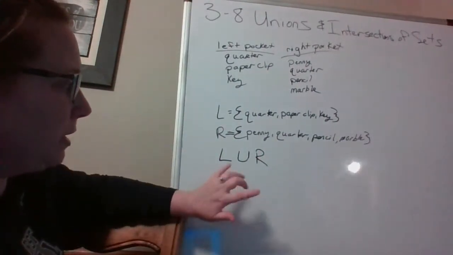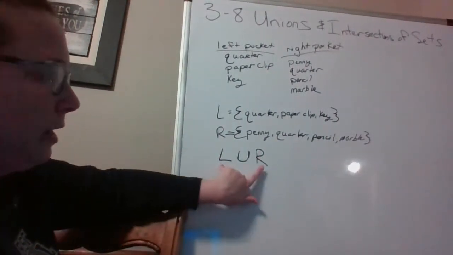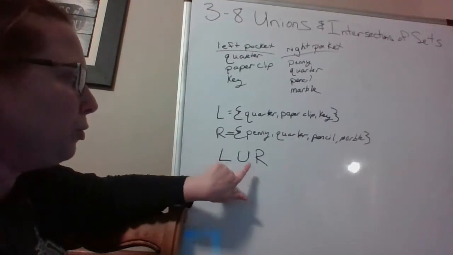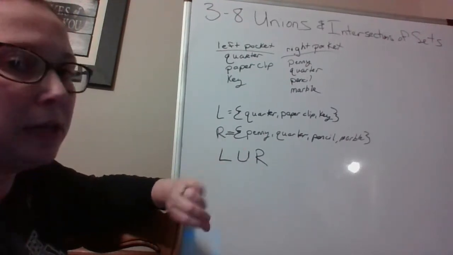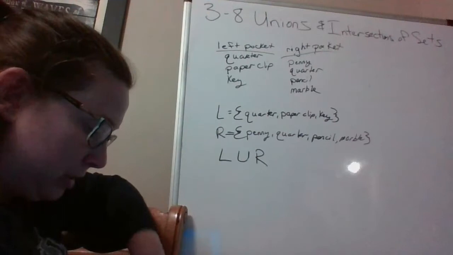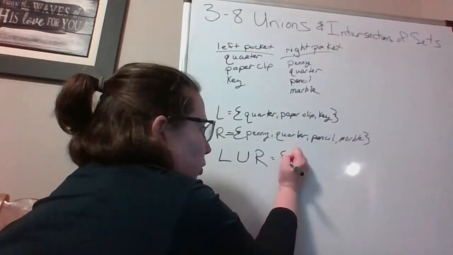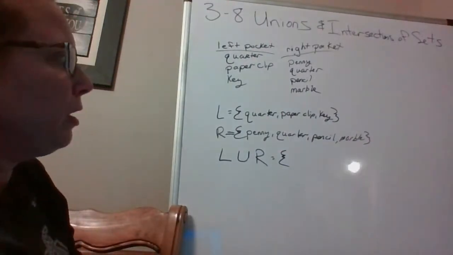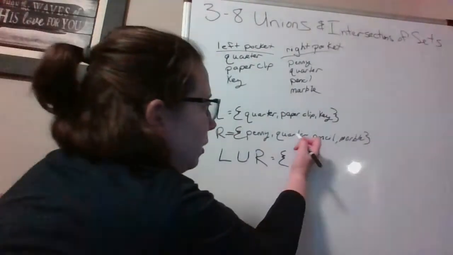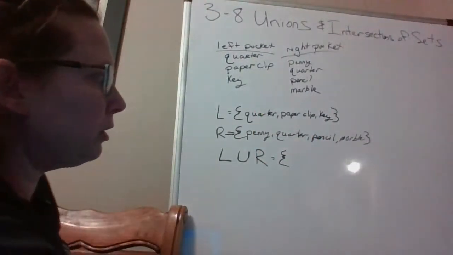If we ask what is the union of set L and R, union means everything that's in both. So when you list out the union, again, we are going to put that in brackets. You'll notice that quarter is on both of our lists.